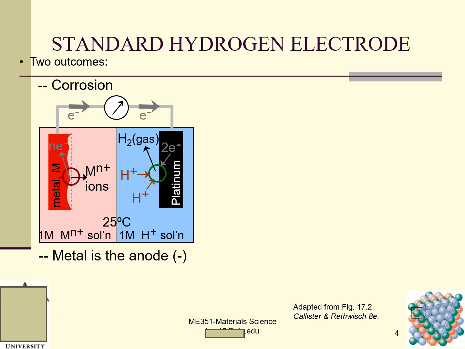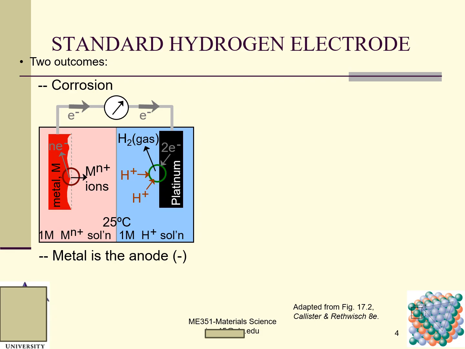These are free electrons, which will go into the acid solution. We have hydrogen ions, which will capture free electrons to become hydrogen atoms. Then two hydrogen atoms will form one hydrogen molecule, and the gas will be released.